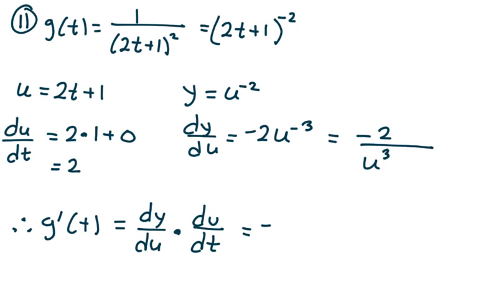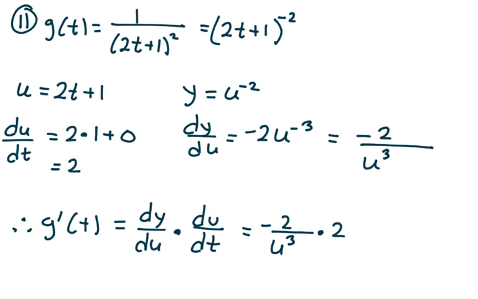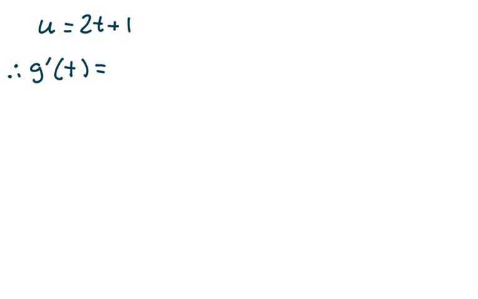And so this is negative 2 over u to the third, that's what dy/du is, times 2. But remember that u, in this problem, is 2t plus 1. So therefore, g prime of t is negative 4 divided by 2t plus 1 to the third power. That's problem number 11.